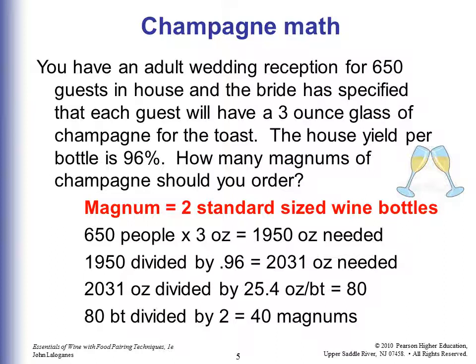A magnum is the size of 2 bottles of wine. 650 people times the 3 ounces per person is 1,950. 1,950 divided by 0.96, your yield, means you need 2,031 ounces to start with. 2,031 ounces divided by 25.4 ounces, which are in a standard bottle, equals you need 80 bottles. And 80 bottles divided by 2 is you need 40 magnum size bottles.